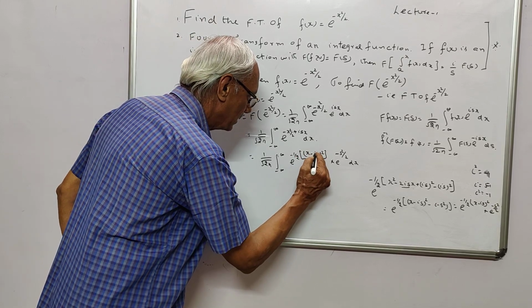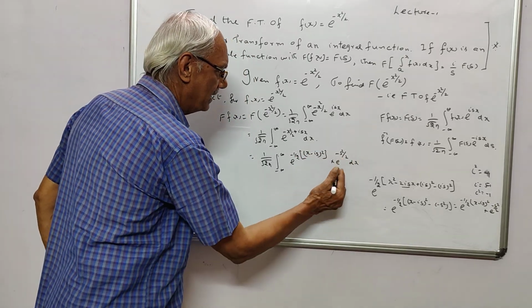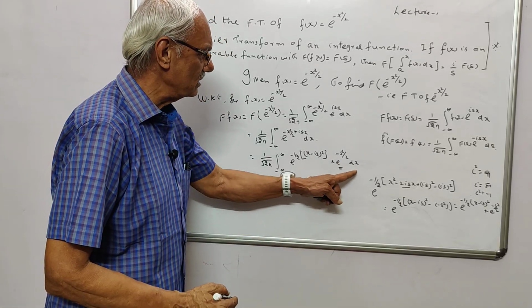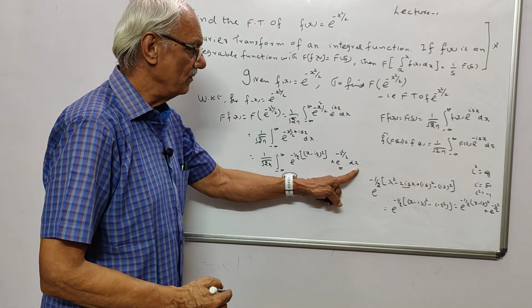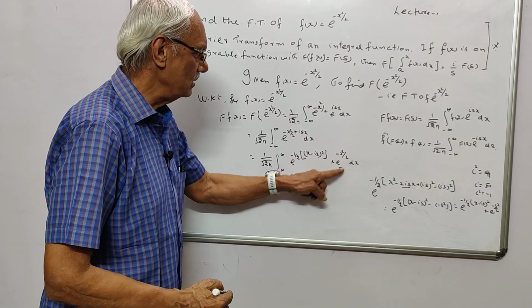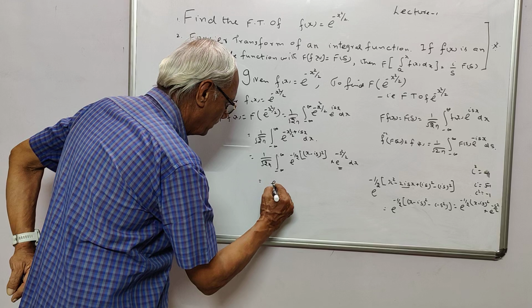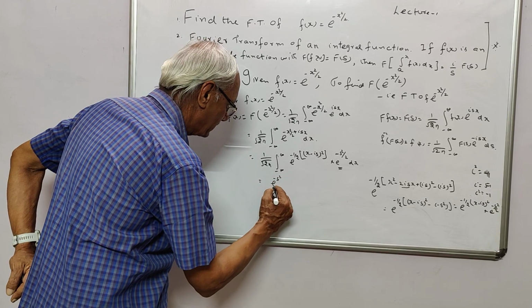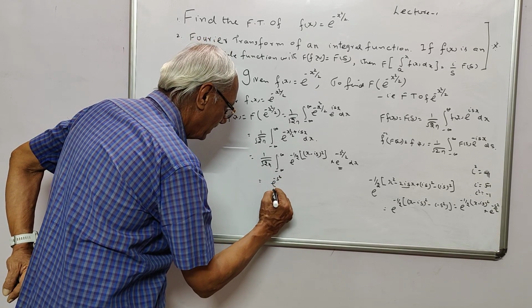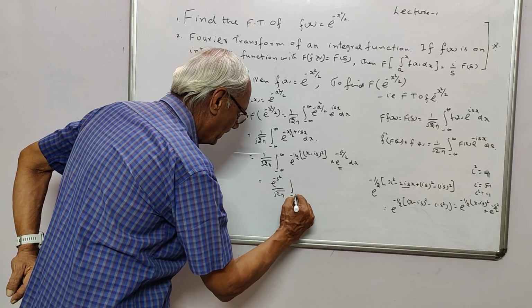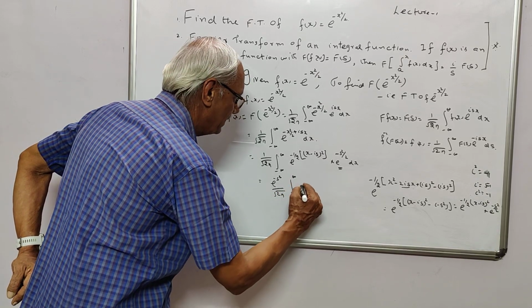Now this s squared is treated as a constant with respect to the integration with respect to x. So this is a constant, take that outside. You will get e to the power of minus s squared by 2, divided by square root of 2 pi, into the integral from minus infinity to plus infinity.